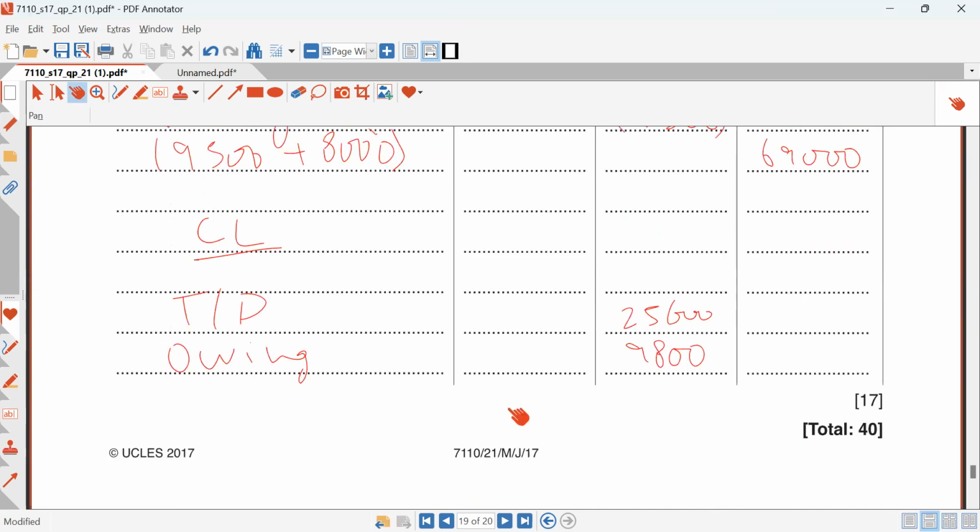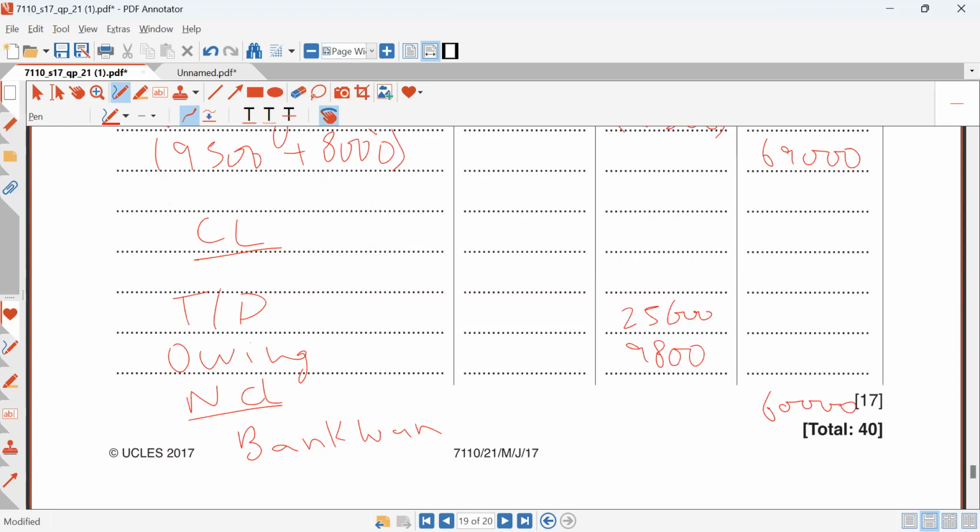After current liabilities, we have only one non-current liability remaining, which is bank loan. Bank loan is 60,000. So I will write 60,000.